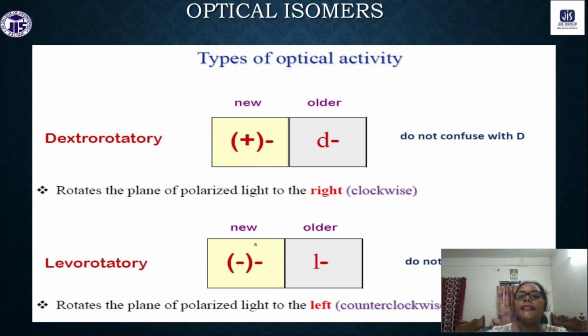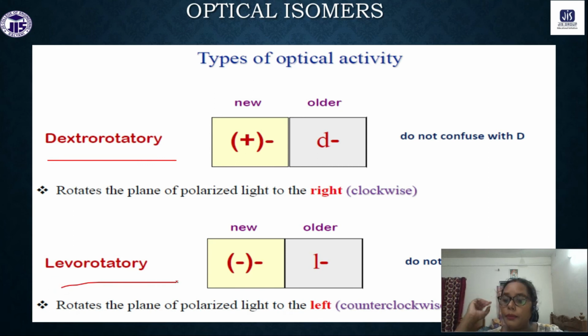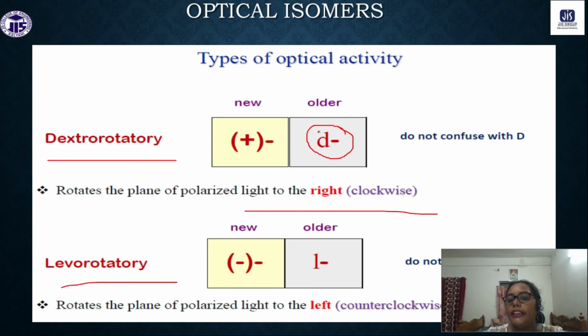Yeah, next is dextrorotatory and levorotatory. Already I have told you in the previous class, if the optically active compound rotates the plane polarized light in the clockwise direction, earlier we denoted that by small d, but nowadays we are modifying it to positive.